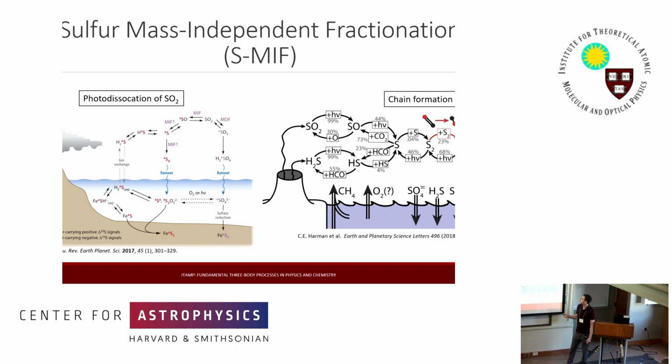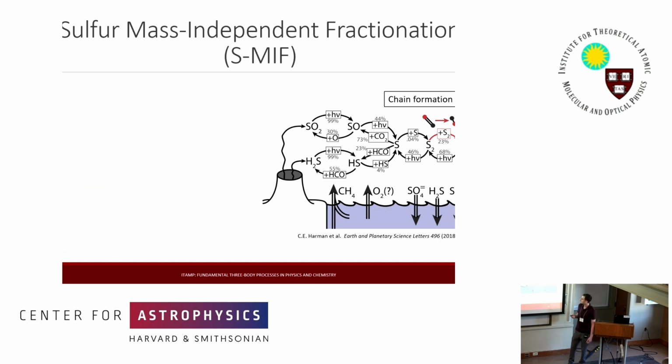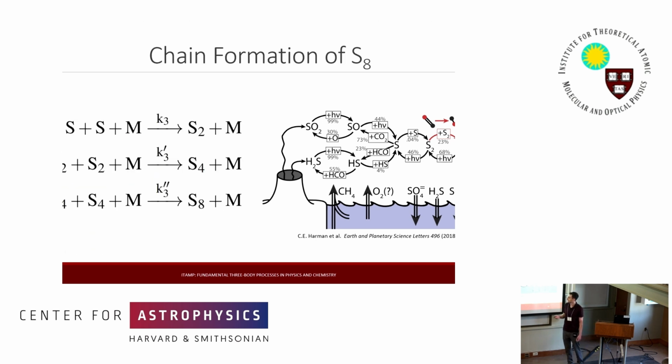The other method is through the chain formation of S8. So essentially, you have this sulfur atom here after photodissociation of SO2, which leads to S2, and then S4, and then S8, and then it becomes heavy enough to drop into water and form these rocks. And so we're going to focus on the chain formation of sulfur because it has three-body recombination reactions, and that's what we do.